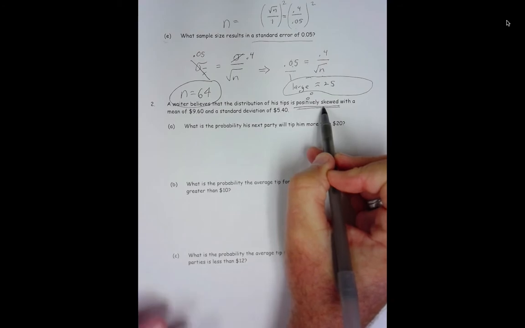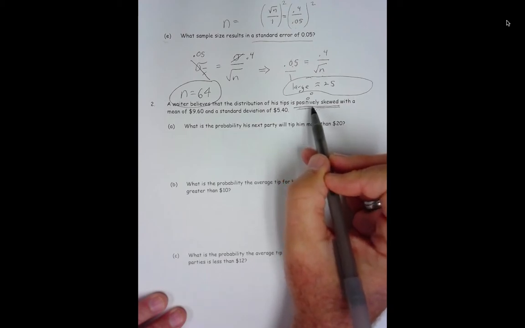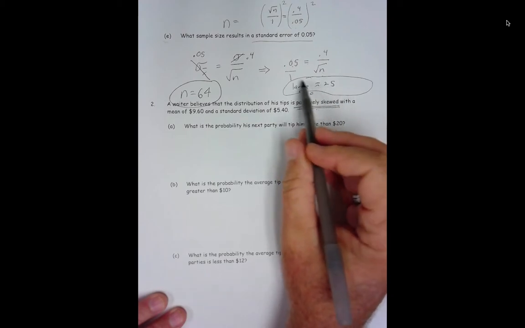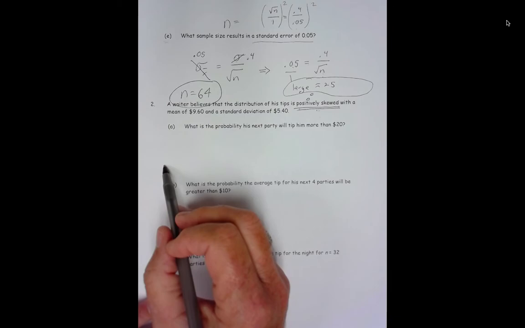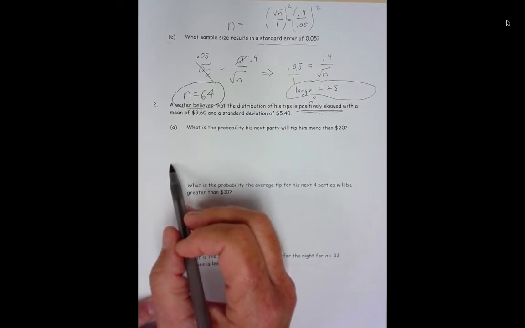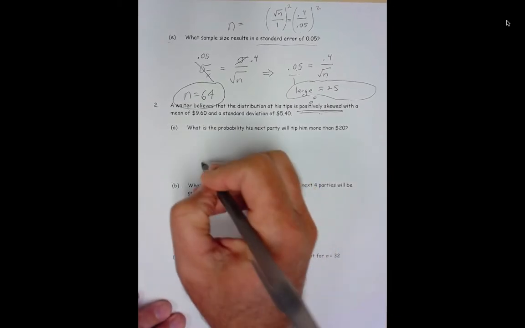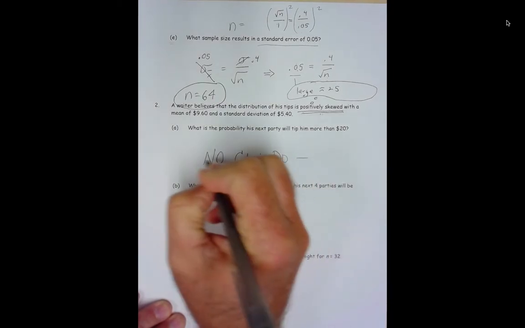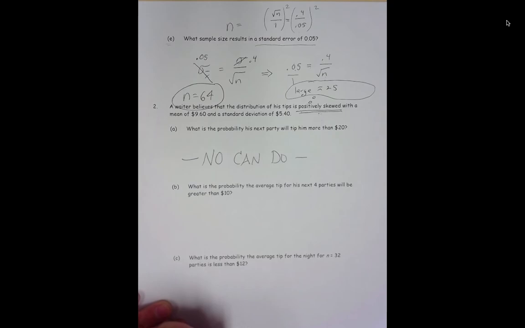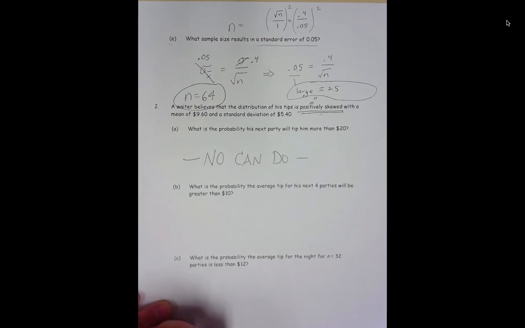You don't have a positively skewed CDF. You've got a normal CDF. So for this to work, we would have to have a normal distribution. We don't. We've got a positively skewed distribution. So what's the probability his next party will tip him more than 20 bucks? You can't do the problem because you don't have a normal distribution.